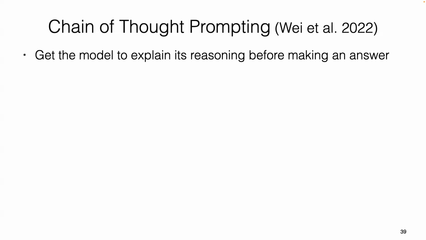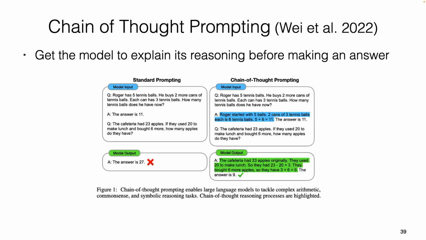This was the observation that if you have the model, so here we're trying to solve a math problem in this example. With standard few-shot prompting, you would give the question and the answer. Chain of thought prompting means you show the model, or ask the model, to output this intermediate reasoning prior to the answer.